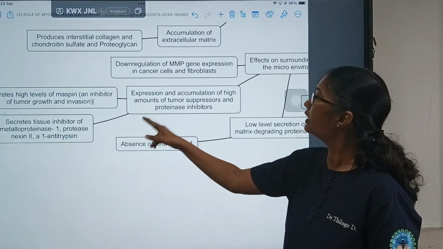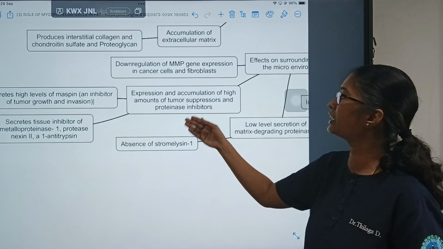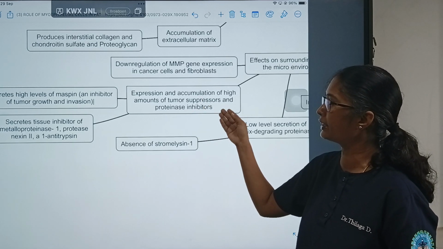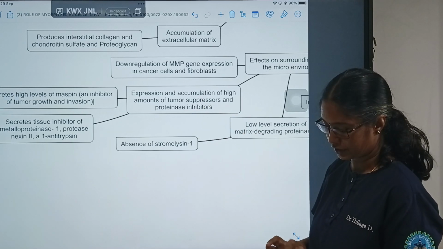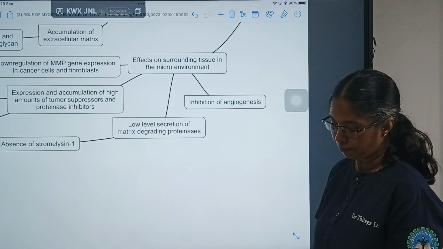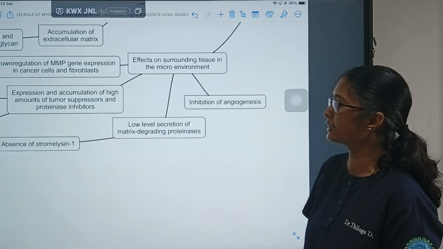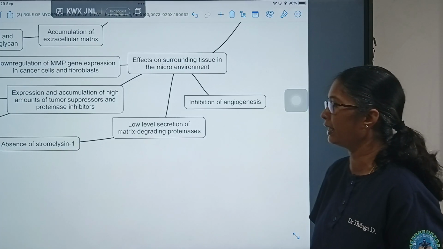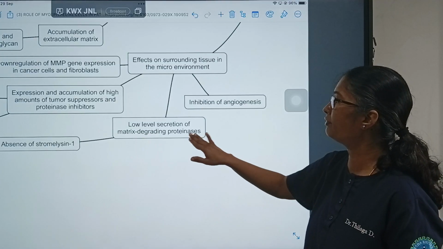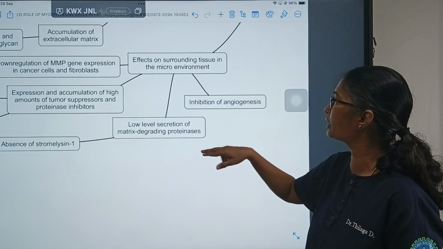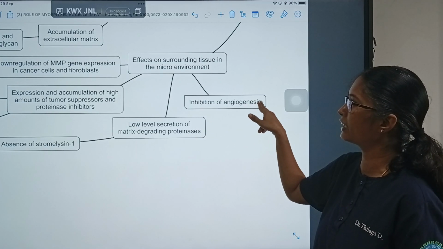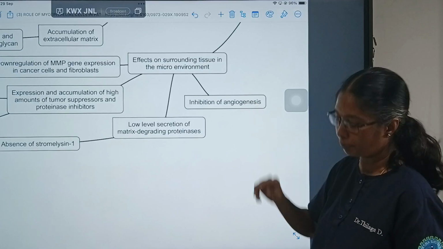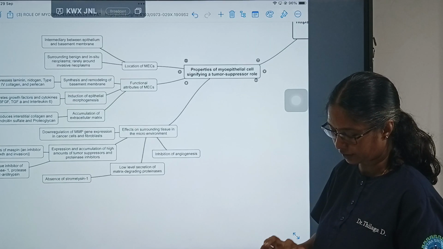These are the substances expressed by myoepithelial cells which prevent tumor progression. Low-level secretion of matrix degrading proteinases, that is the absence of stromelysin, is the main thing which prevents protein degradation, along with inhibition of angiogenesis. That is also an important function of myoepithelial cells to prevent tumor progression.